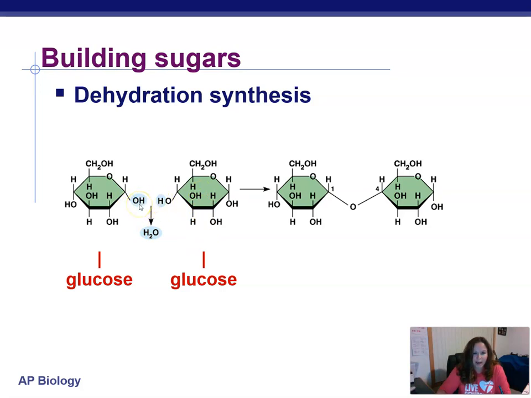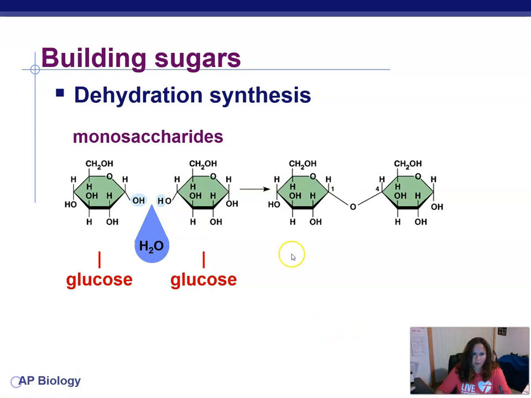If we remove that, then we create a bonding site where they can join together. But in doing so, in removing the H and the OH, we remove water. Hence, remember the term dehydration synthesis. These 2 monosaccharides are now joined to make a disaccharide.